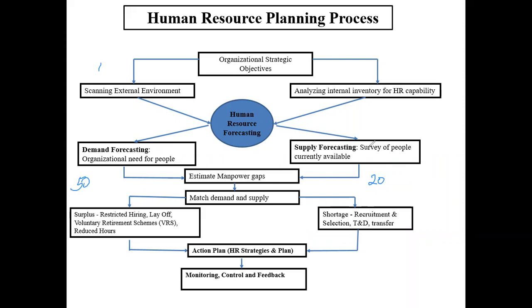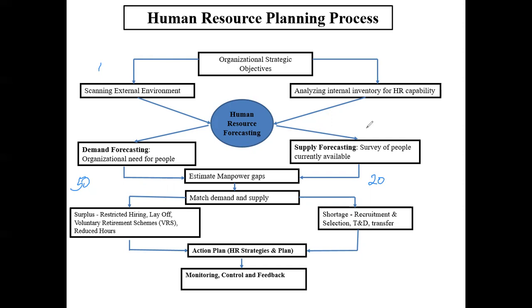And in supply forecasting, an attempt is made by the HR forecaster to ascertain the number of people that will be available in terms of their quality and quantity so that the organization can achieve its objectives.